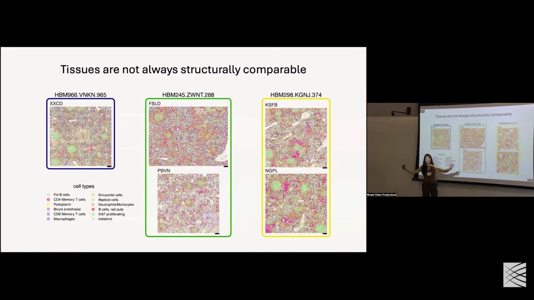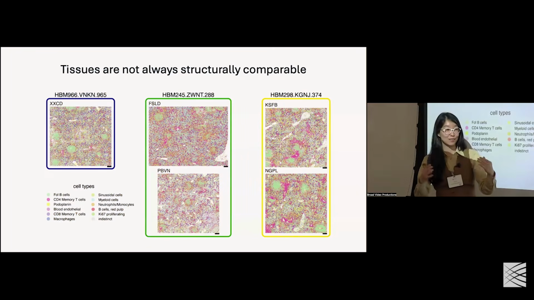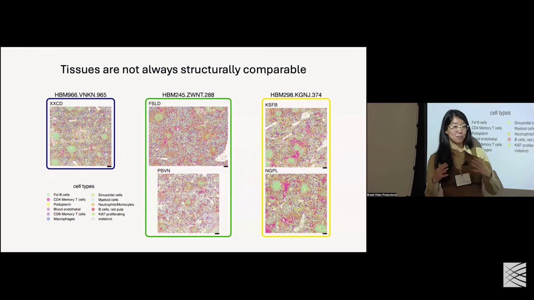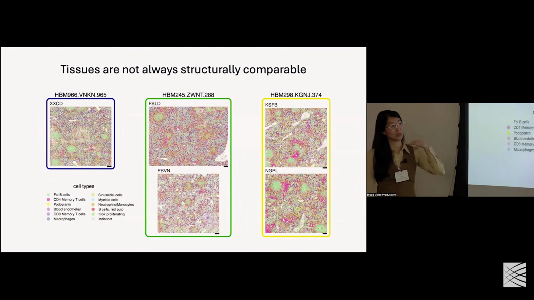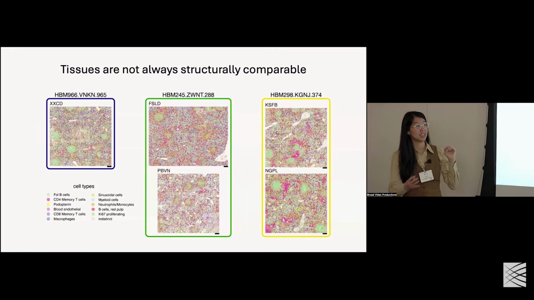Sure, if we zoomed out, your whole spleen as a structure is maybe quite similar to every other spleen. I'm sure there are also these compartments. But there are definitely certain structures where an alignment and a structural comparison doesn't actually make sense. But we still want to compare cell type spatial organization changes.